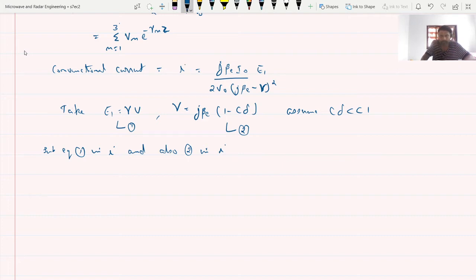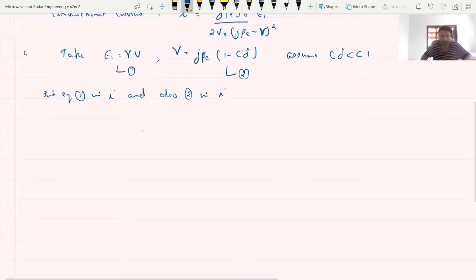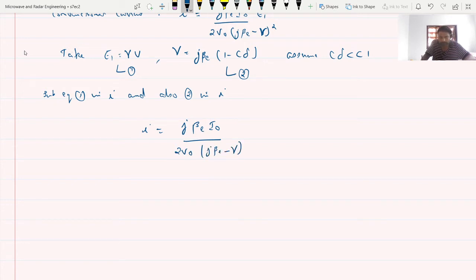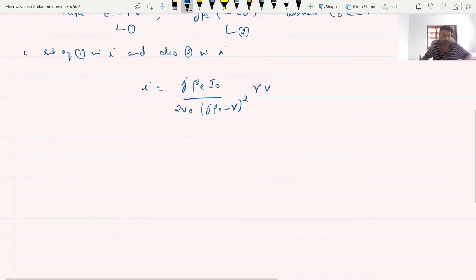Okay, this is I. What you will get? Once you substitute equation 1 in I, you will get j beta e I naught divided by 2 V naught, j beta e minus gamma whole square into gamma into V. That is E1 is nothing but gamma into V. Similarly, once you give 2 in I, what you will get?